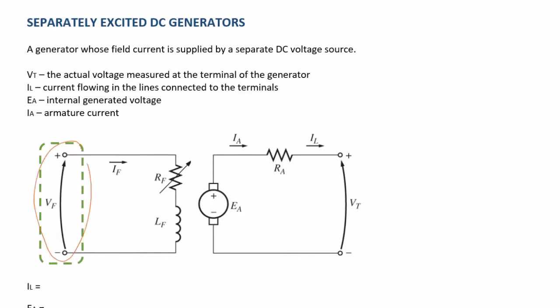This is our separate DC voltage source that will supply the field voltage into the field circuit, and therefore you can have the field current flowing through the circuit, and by having this, the field winding can then generate the magnetic field. And again, this is the unique characteristic of the separately excited DC generator, as its name implies.